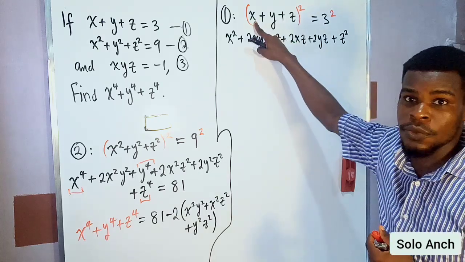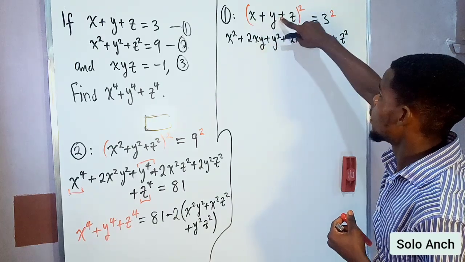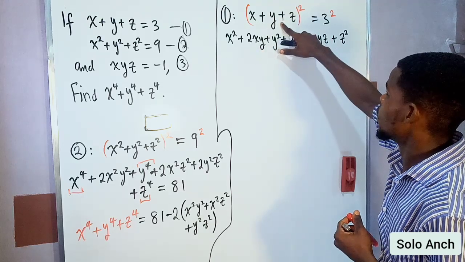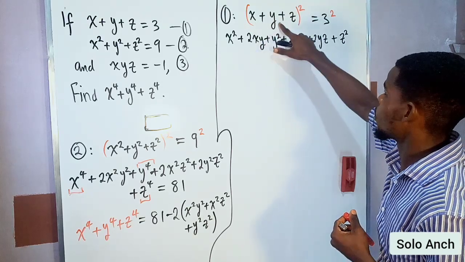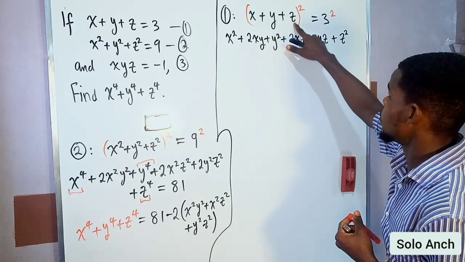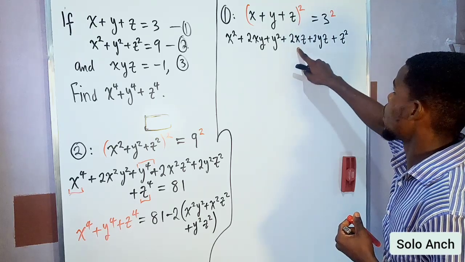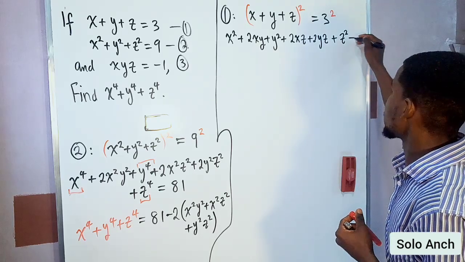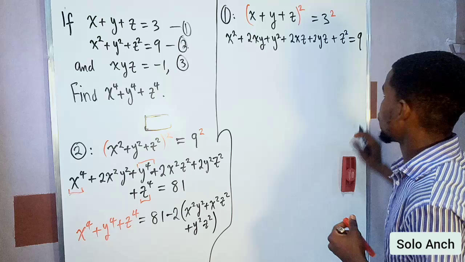So what I'm doing here is that I squared this term, x squared plus y squared plus 2xy. Then we now take 2 times this sum times z. That will be 2xz plus 2yz, then plus z squared. This right here is equal to 3 squared, which is 9 on the right hand side.